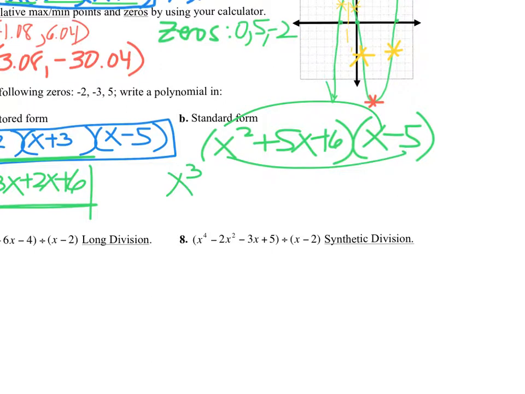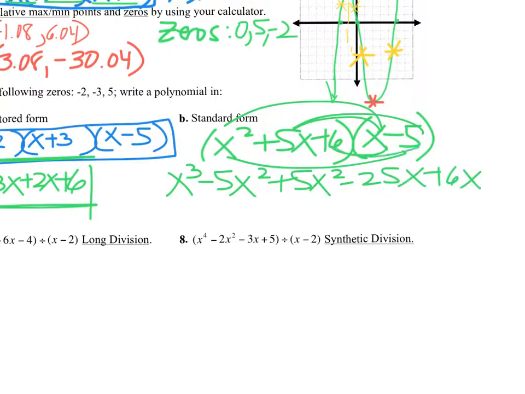X squared times negative 5 is negative 5x squared. 5x times x is positive 5x squared. 5x times negative 5 is negative 25x. 6 times x is 6x. 6 times negative 5 is negative 30. So you just take each term in the first and multiply it by each term in the second.